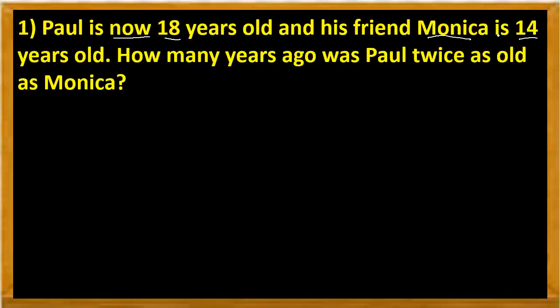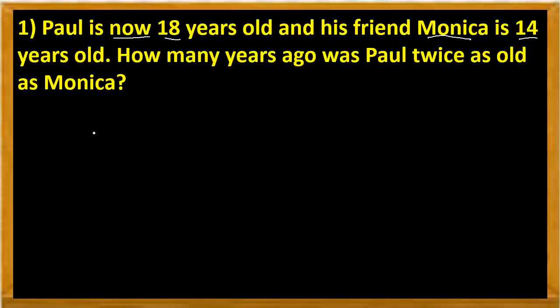Okay, so gagawin natin equation ito para ma-solve natin yung nire-require. Ang nire-require kasi dito hindi ang edad ni Paul or hindi ang edad ni Monica, but ang number of years. Okay? So ilang years yung dumaan na at that particular year, ang edad ni Paul is 2 times the age of Monica.